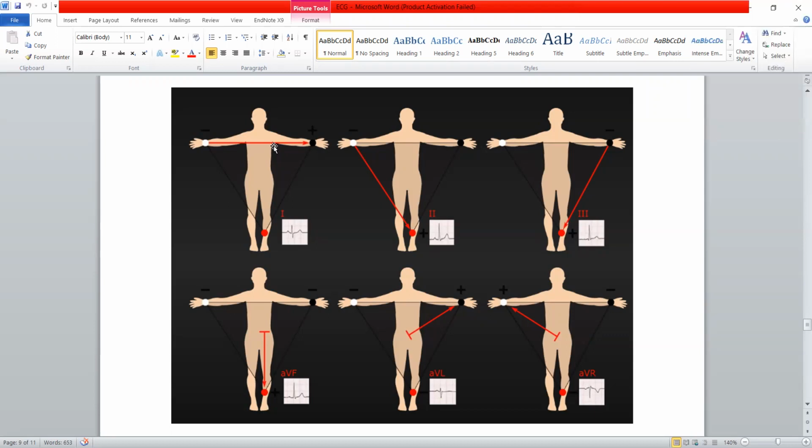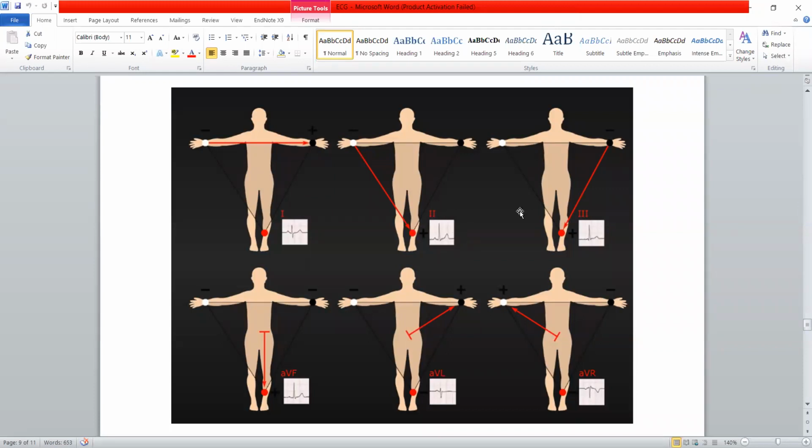Is that clear? Now you know the three lateral leads, V5, V6 and lead 1. If there are any changes in V5, V6 or lead 1, then you will say that it's a lateral wall MI, because all three of them are looking at the heart from a lateral position.